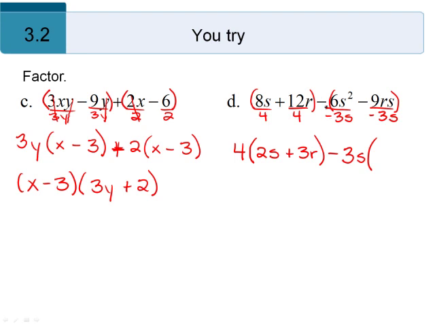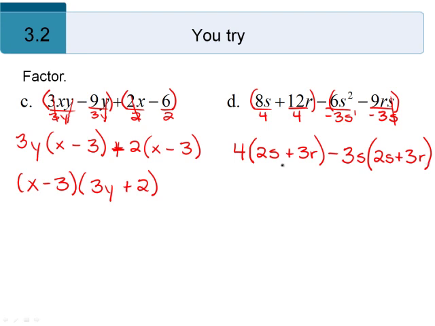So 2 negatives here, the negative 6s squared and negative 3s, 2 negatives is going to be a positive 2. And when you subtract the s's, you get s, okay? And over here, a negative divided by a negative is positive 3, and the s's cancel, but we're left with r. So that's your second set of parentheses.